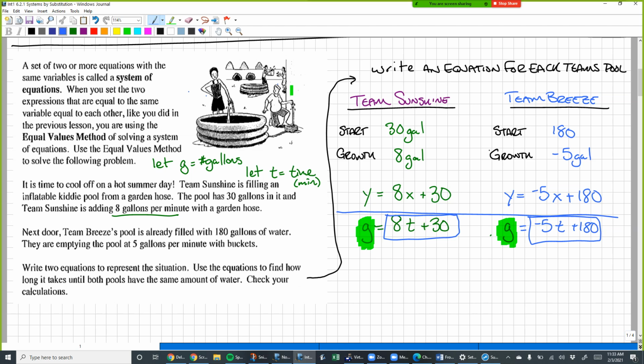So we're going to set them equal to each other. We're going to say 8t plus 30 is equal to negative 5t plus 180.